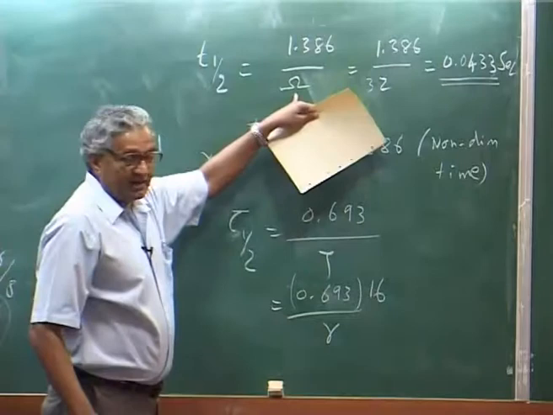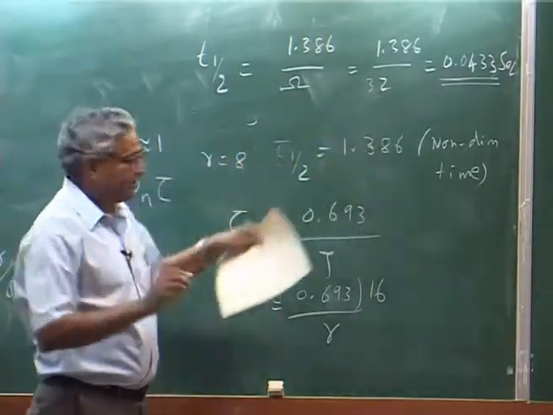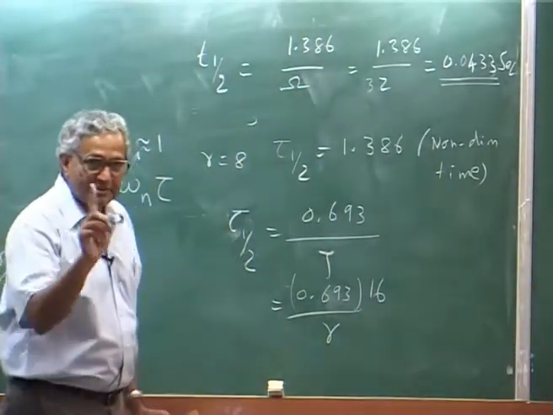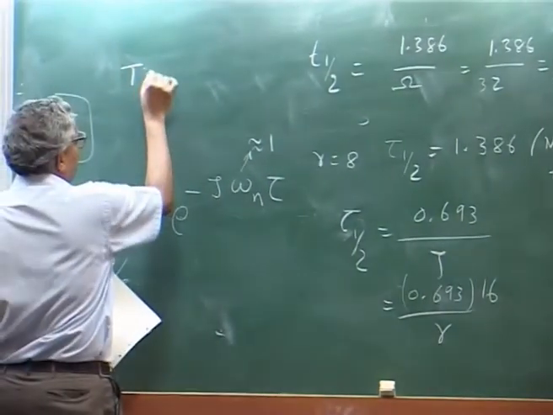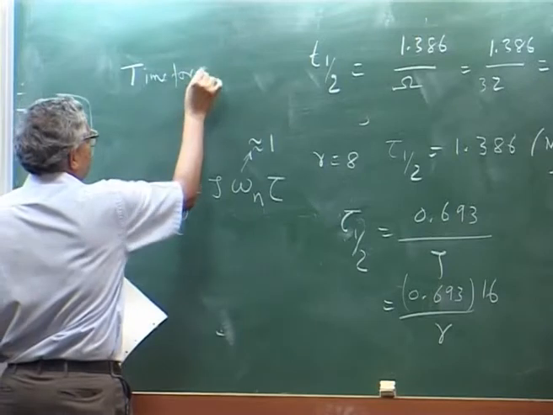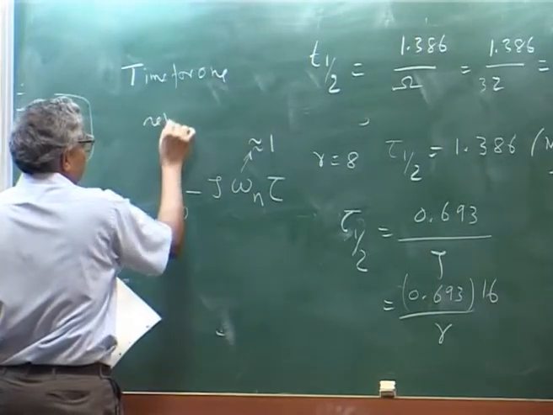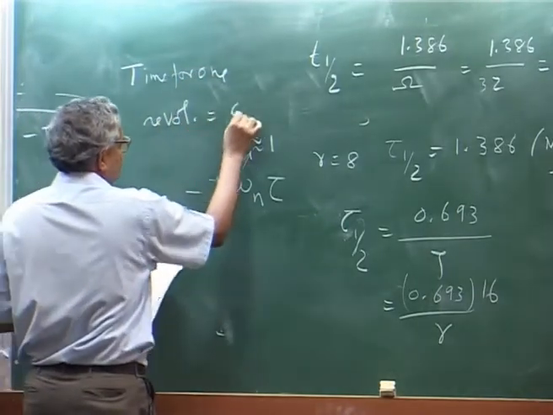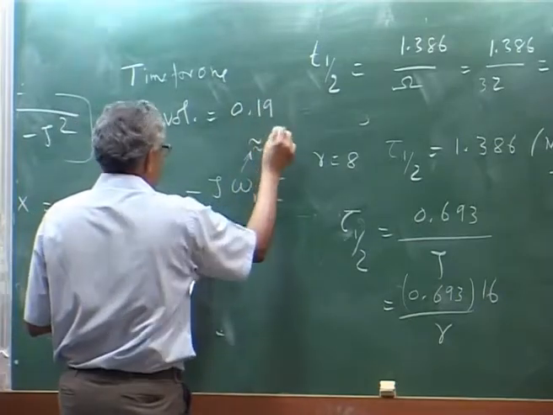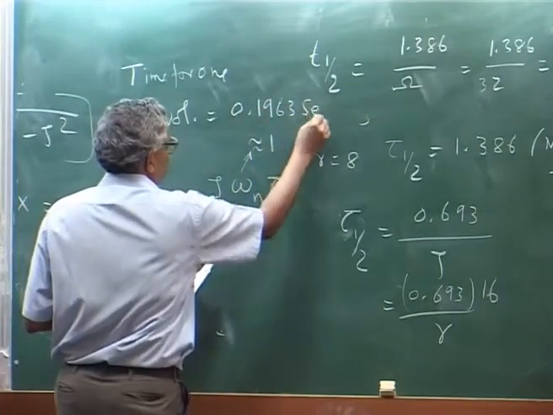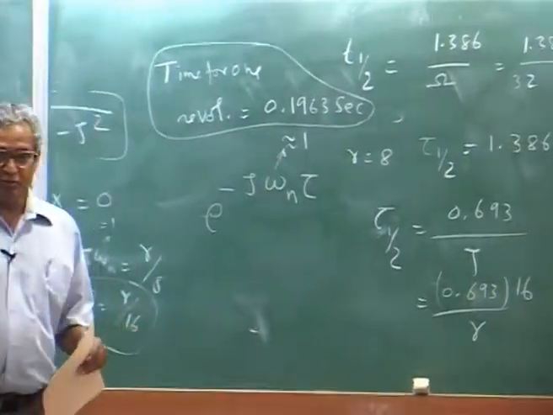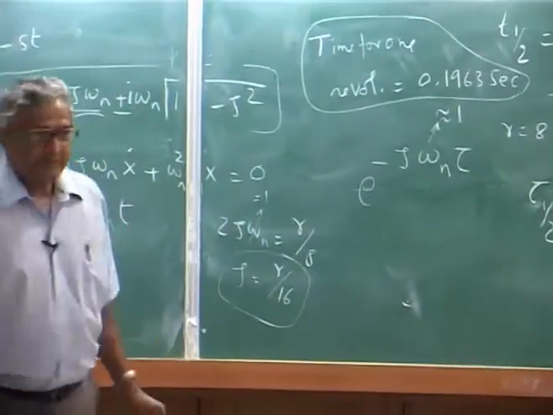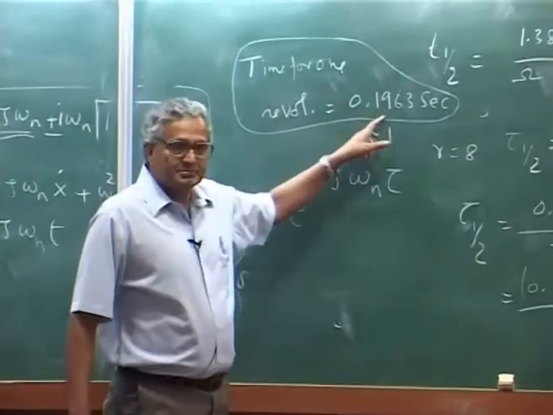For this omega, 32 radians per second, the time for one revolution is 0.1963 seconds.